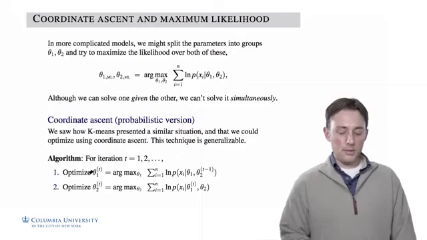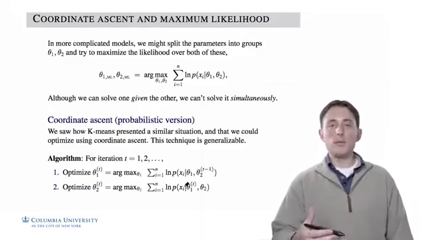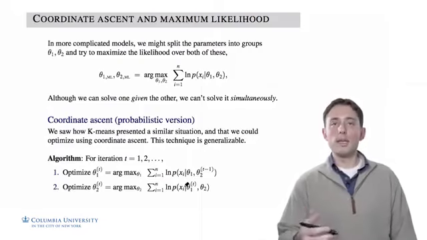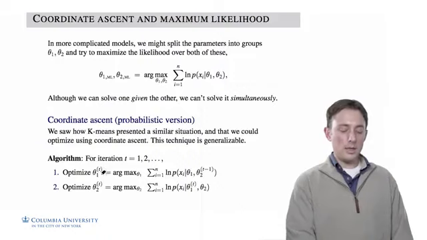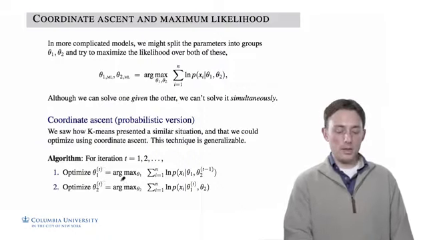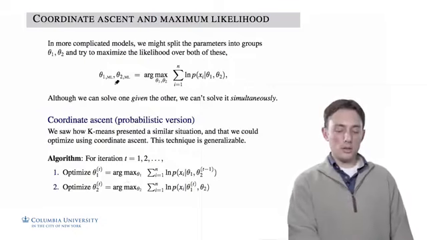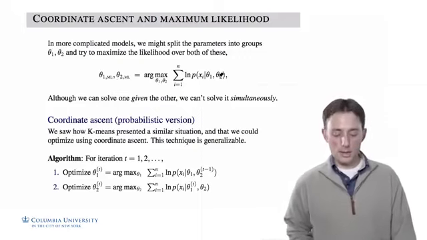Then given this update for theta 1, we plug that value in for theta 1, and now we maximize this thing over theta 2, holding theta 1 fixed. And again, that often is something that we could do in closed form by taking a derivative, setting to 0, and solving. And so we iterate back and forth between updating theta 1, holding theta 2 fixed, and then updating theta 2, holding theta 1 fixed. And eventually we converge to either a global optimal or more likely a local optimal solution if this is non-convex.